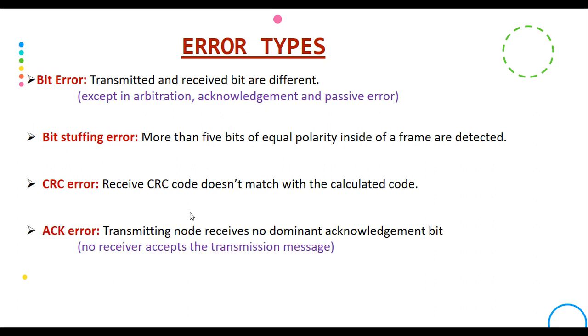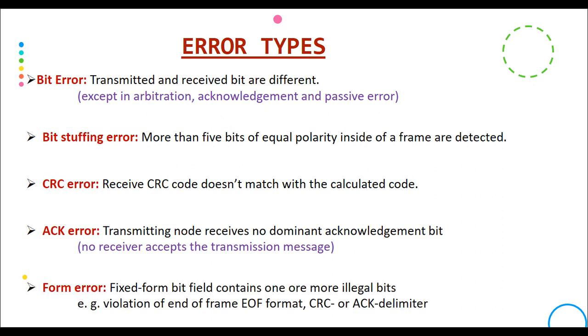Acknowledgement error occurs when the transmitting node receives no dominant acknowledgement bit. That is, no receiver accepts the transmitted message. For CAN, at least a single node needs to acknowledge the transmitted frame.